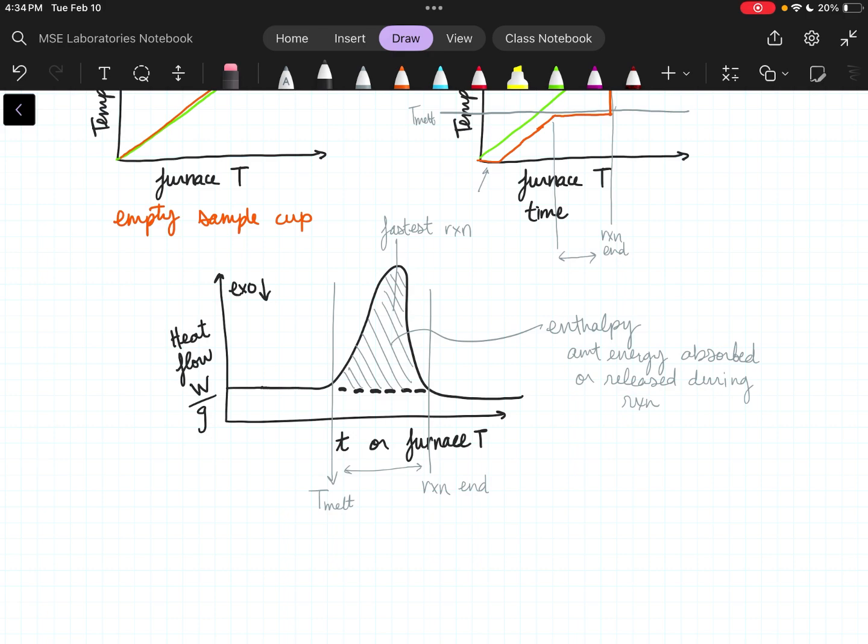So it'll have like a little arrow on it, and it'll specify that if anything is pointing down, it's exotherm. In this case, ours is pointing up, so it must be an endotherm. So the axis will tell you, it's not a positive, negative, peak facing up, peak facing down. I could just as easily turn this whole graph upside down and it would be equally valid. What matters to us is this little exo up or down.